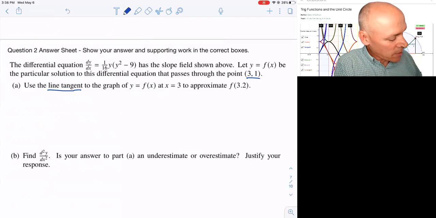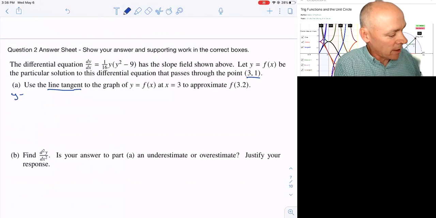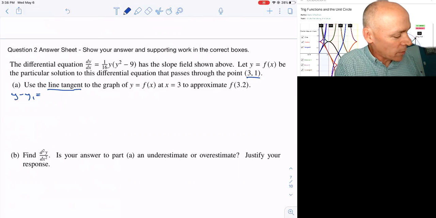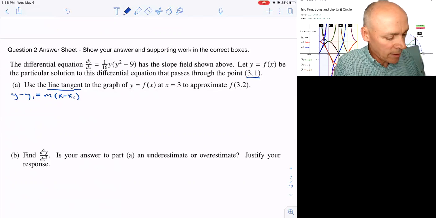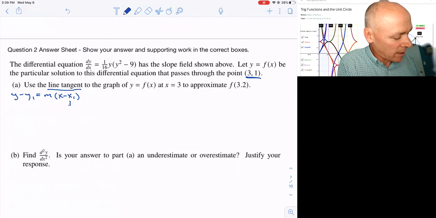So really I'm starting out like I always do with the tangent line, point slope form. y minus y1 is equal to m times the quantity x minus x1. I'm dropping in my point of tangency, so I'm dropping in 3 for the x1, and I'm dropping in 1 for my y1.